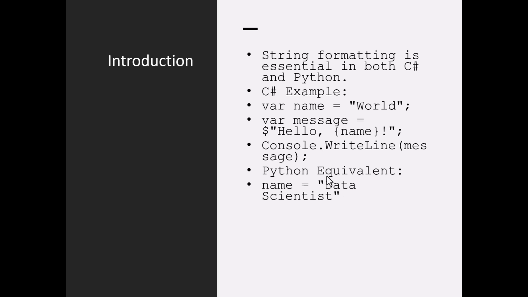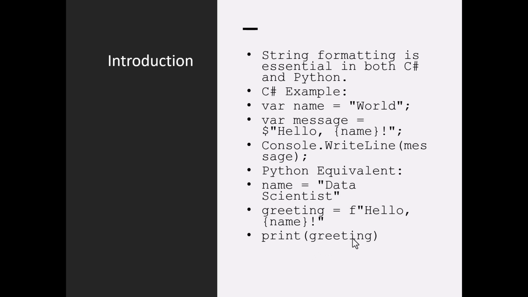Okay, so the Python equivalent will be name equals, within double quotes, it could be anything, say data scientist, greeting. And now this F is just like your C# $ sign for string interpolation. Here it is, F string, F, and within double quotes Hello, followed by again very similar, a pair of curly braces, and within that the name, this variable that is declared, and then print greeting.